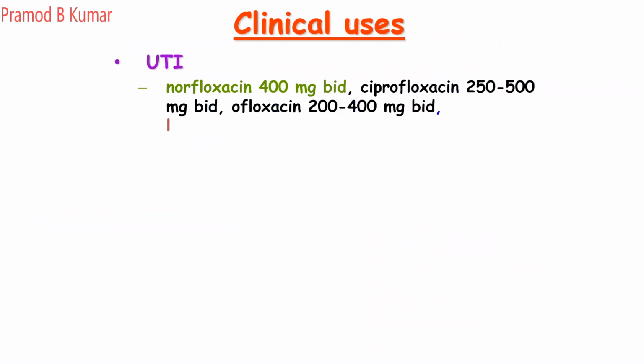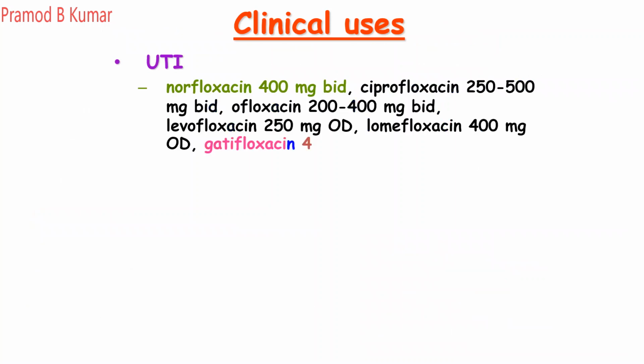Clinical uses: norfloxacin, the dosage is 400 mg BID, ciprofloxacin 250 to 500 mg BID, ofloxacin can be given around 200 to 400 mg BID, levofloxacin 250 mg OD, that is once daily, lomefloxacin 400 mg OD, gatifloxacin 400 mg in a single dose.